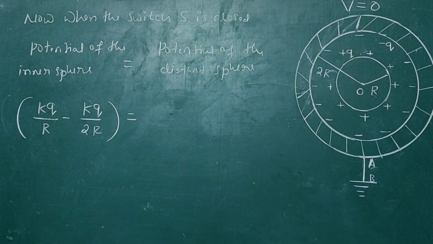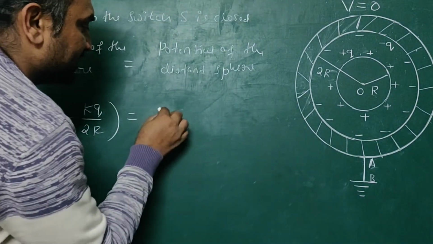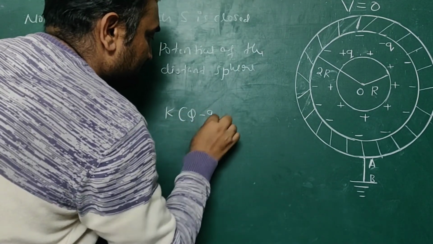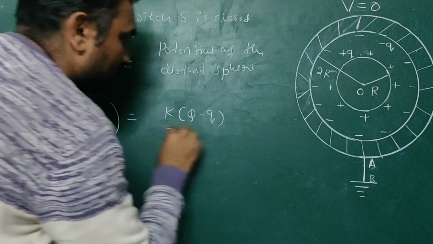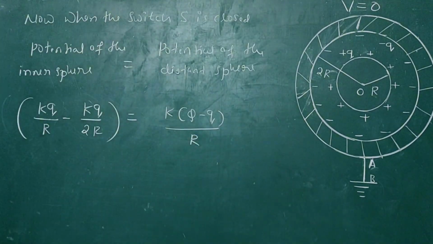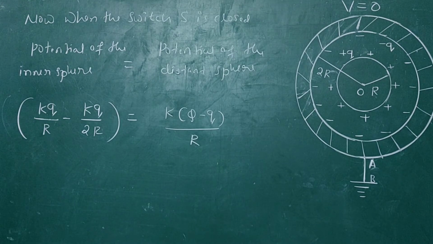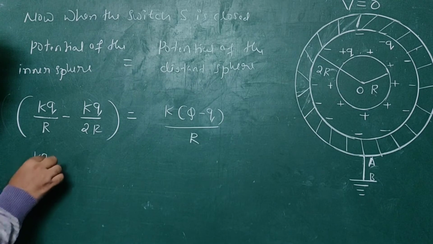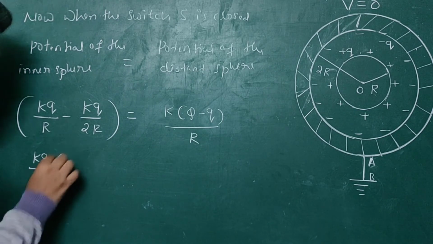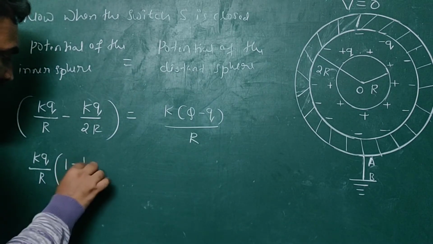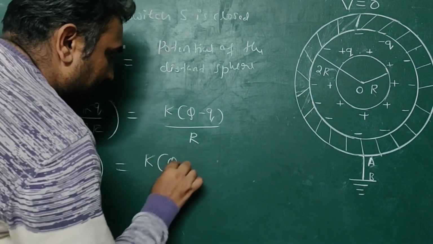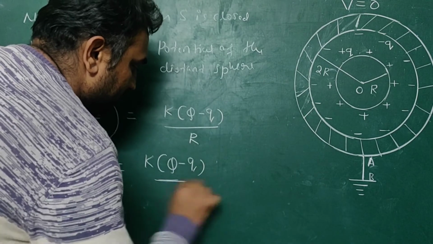Therefore, the potential on the outer sphere is written as k times the charge on the outer sphere, which is (Q minus q), divided by r. Now we can simplify this equation. kq/r into (1 minus 1/2) equals k into (Q minus q)/r.